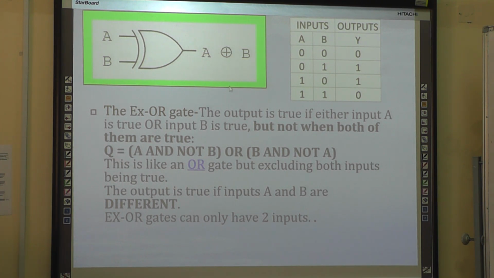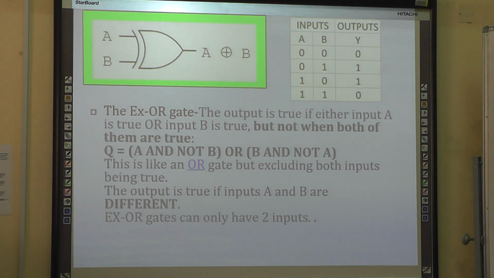For the XOR gate, the output is true if either input A is true or input B is true, but not when both of them are true. This is like an OR gate, but excluding both inputs being true.